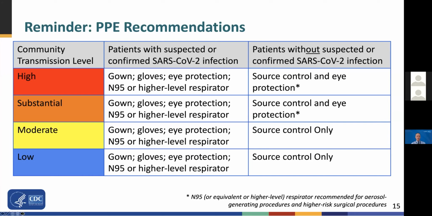So I think you'll see that for all the columns of community transmission, the PPE for people with confirmed or suspected SARS-CoV-2 infection remains the same: gown, gloves, eye protection, and an N95 or higher level respirator. For people who aren't suspected or confirmed to have SARS-CoV-2 infection, but you're in an area with high to substantial community transmission, source control and eye protection is recommended. That's the same as it's always been, and source control only for low to moderate settings. Next slide, please.